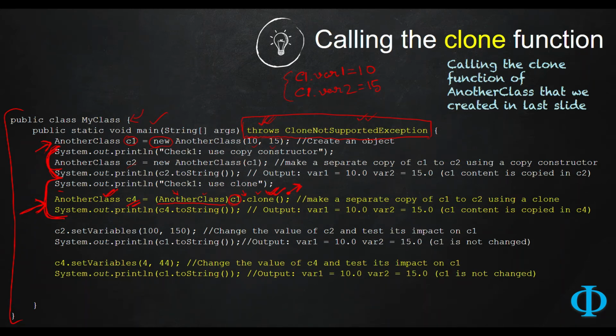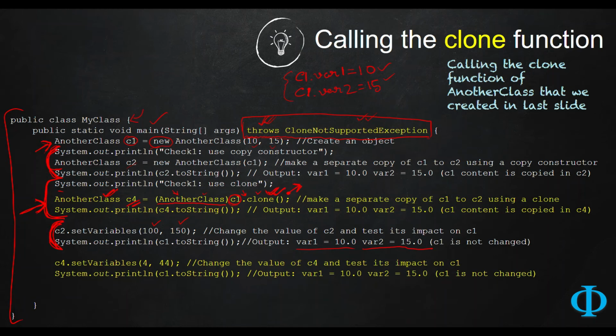Now once again, let us check whether it is making a separate copy or something else. In order to do that, I will do the similar checking that I have done for copy constructor. As you can see in the copy constructor, this C2 has been created as a separate replica using the copy constructor over here. Even after changing the value of C2, it did not impact the value of C1. It is still 10 and 15 as it was created earlier.